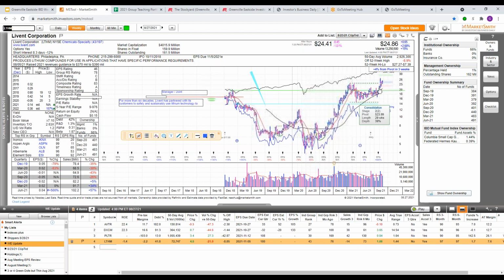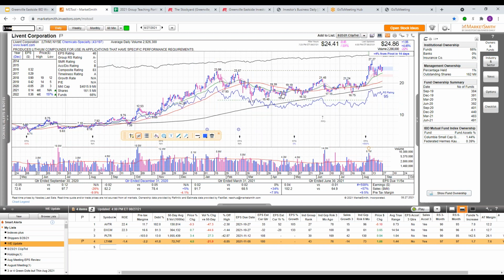So it went above that, broke down, came back above it, and is in the buy zone on the breakout from this consolidation. Again, Canslim numbers, trades $72 million per day, has low return on equity and pre-tax margin, but some of that had to do with these quarters it was losing money. So, you know, maybe one to watch and keep an eye on.